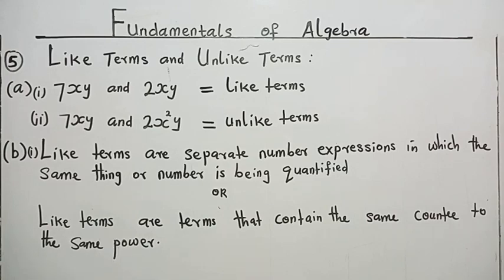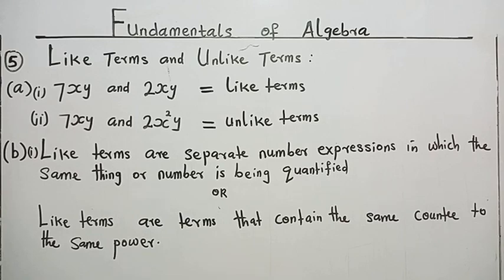Alright, there is one word or one expression in this second definition that should matter to us. What is it? Look at this second set of numbers, 7xy and 2x squared y. Why is it that this and this are not like terms? First, why is it that this and this are like terms?